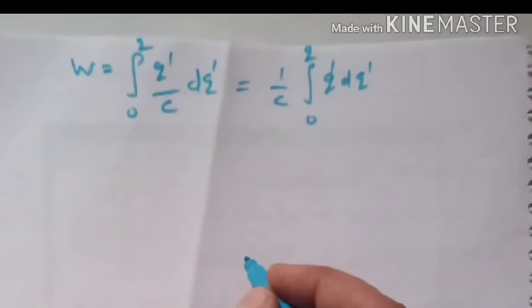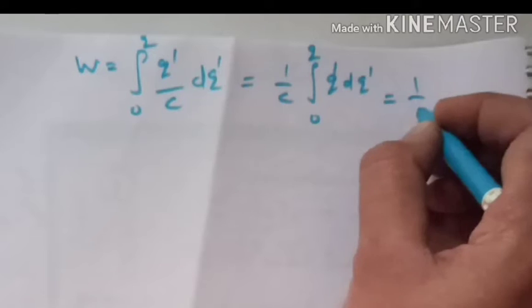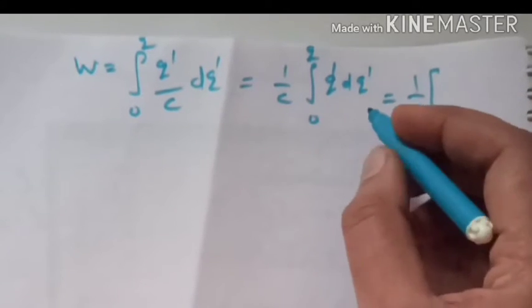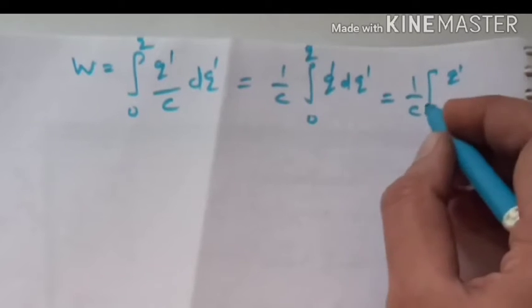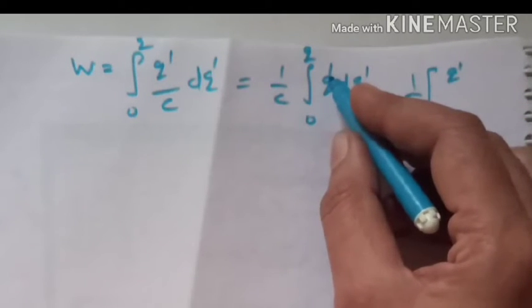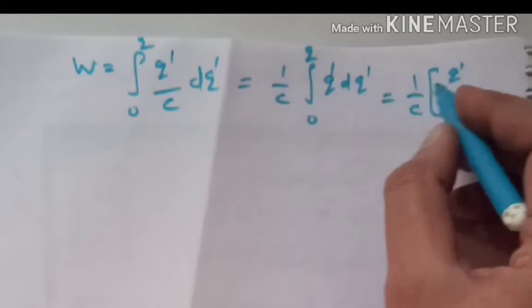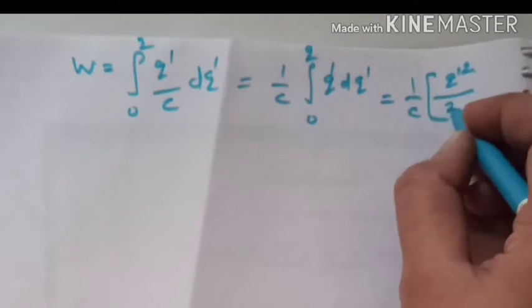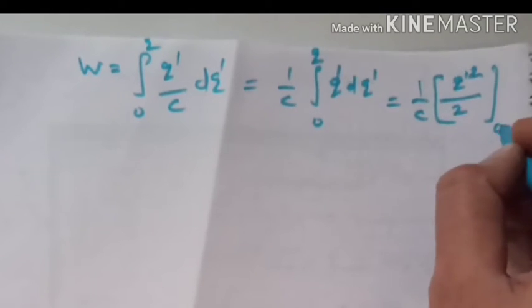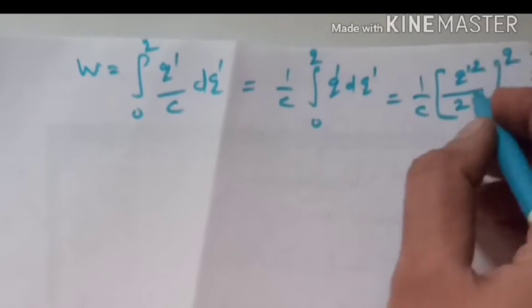Now integrate this. For integration, add 1 to the power of Q dash. The power of Q dash is 1, so 1 plus 1 is 2. Q dash square divided by the same power, limit from 0 to Q.